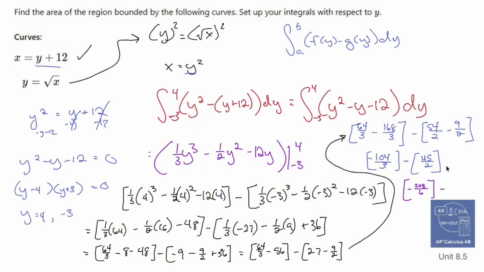Minus, if I multiply the top and the bottom by 3, 135 over 6. And you're going to be a negative 343 over 6, which means we chose wrong. It's actually positive. So we'll just get rid of that because we are out of room.